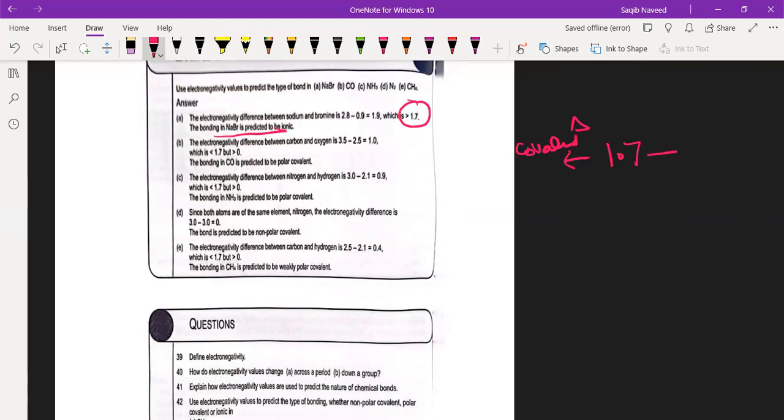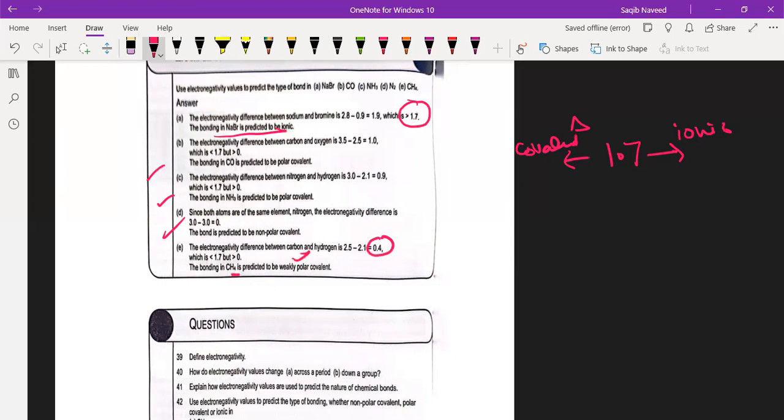If it is more than 1.7, the bond is ionic. Here the answer is 0.4 for CH4, and he says the bonding in CH4 is weakly covalent.